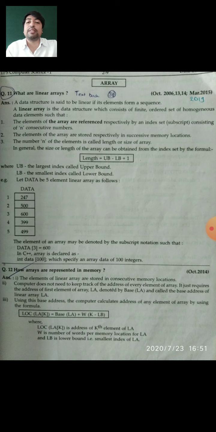In the last video we had one example, and a formula was there that represented the array. You can see the examples I taught yesterday on the page of linear array on the screen. The data elements 247, 500, 600, 399, 499 are stored with index numbers 1, 2, 3, 4, 5.